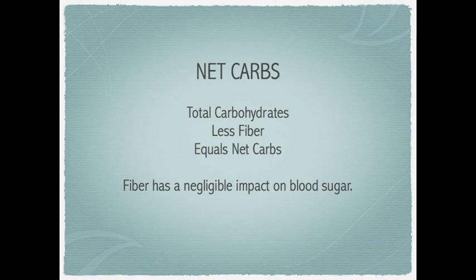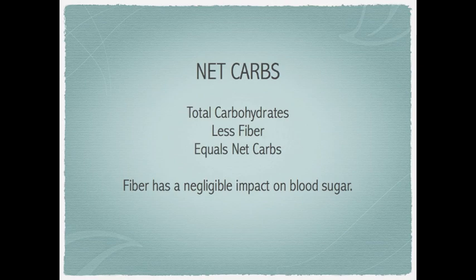So I want to describe next how to calculate something called net carbs. Fiber does not break down in the same way that sugar and starch does, and it has a negligible impact on blood sugar. So we can subtract out the grams of fiber from the total carbohydrates, and that gives you something called net carbs.